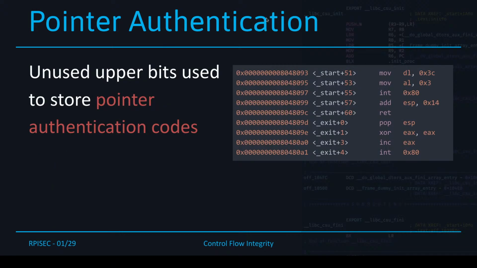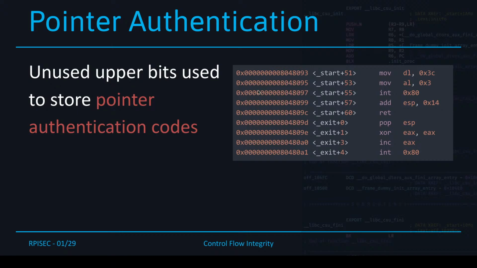The basic idea of pointer authentication is that we have these addresses, but a lot of these addresses are kind of just empty. They're kind of just a bunch of bits that we never really use. So in this case, we're looking at a 32-bit system, and so only 32 bits are actually used in the addresses out of 64 bits.